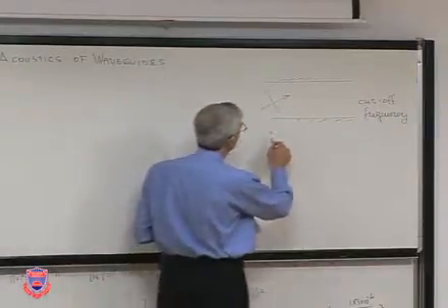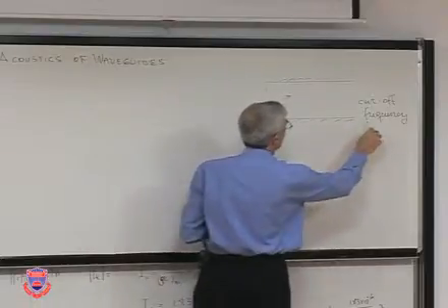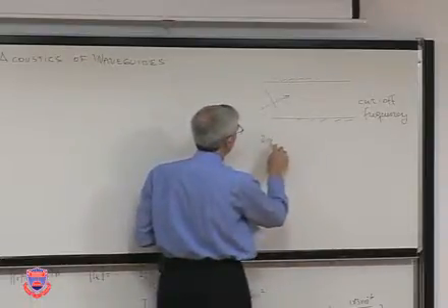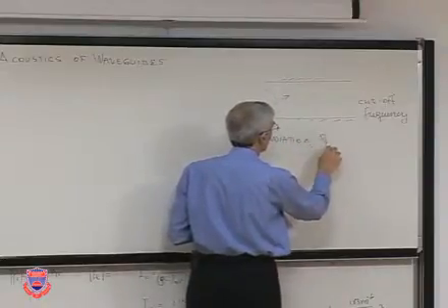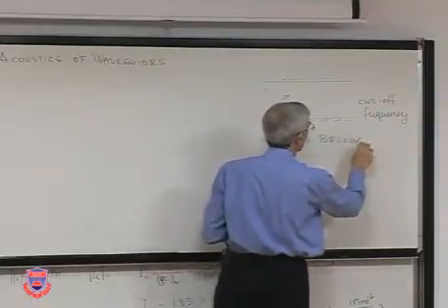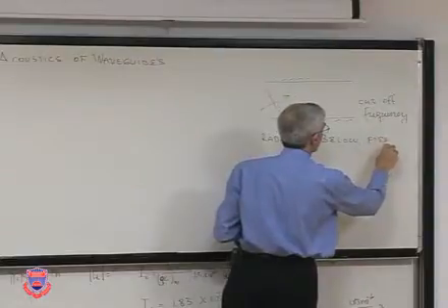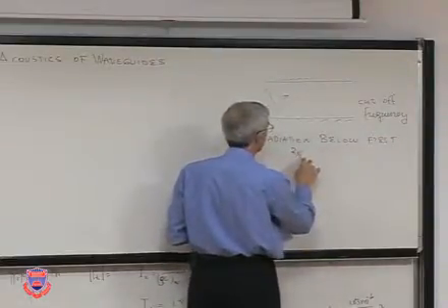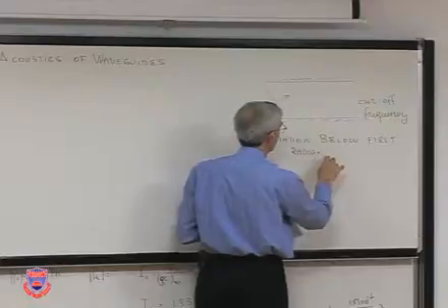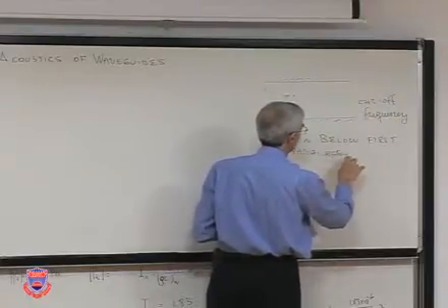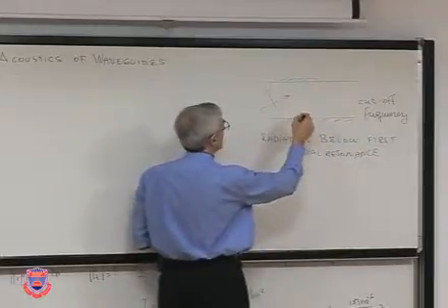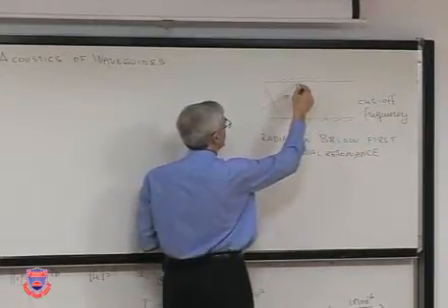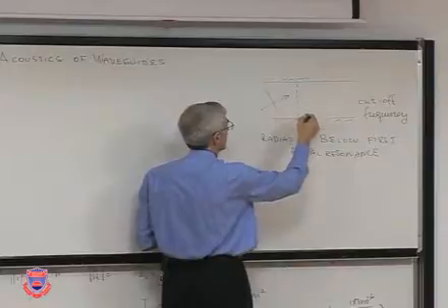And then we'll talk about radiation below resonance, below first radial resonance. Again, what that means is this is the radial direction, okay?